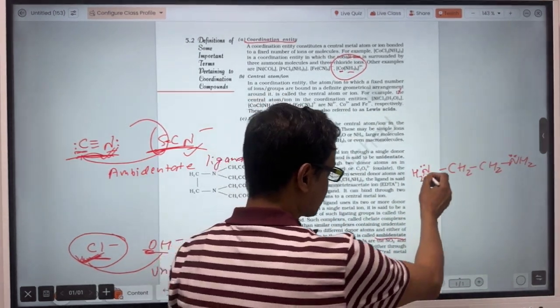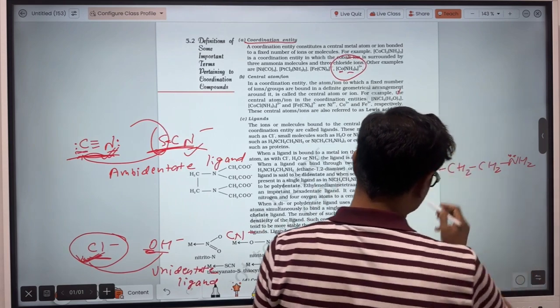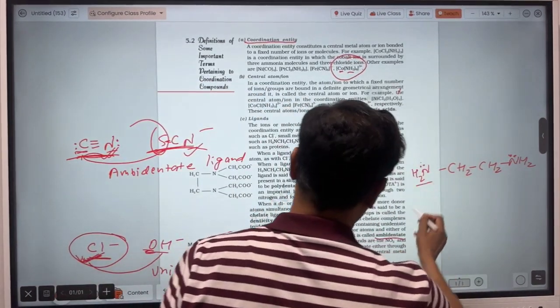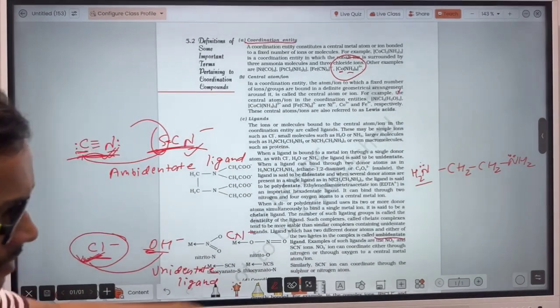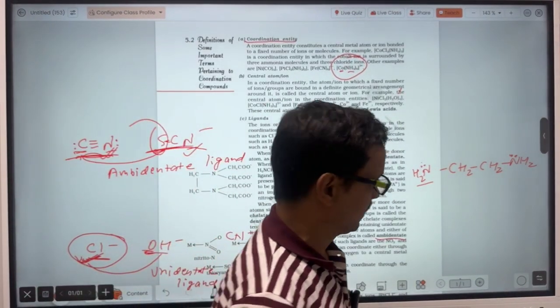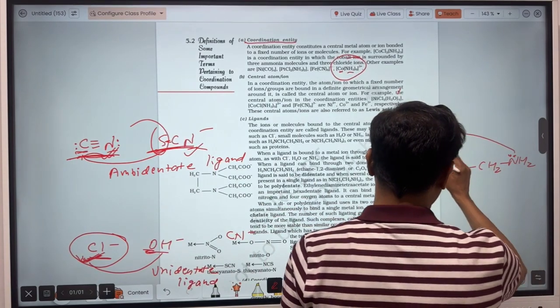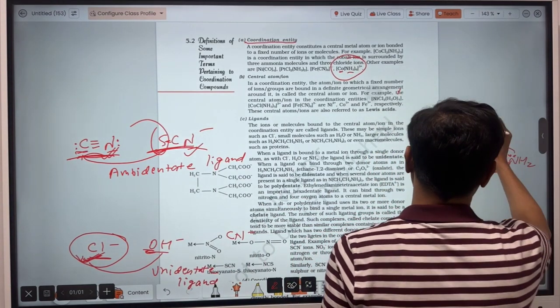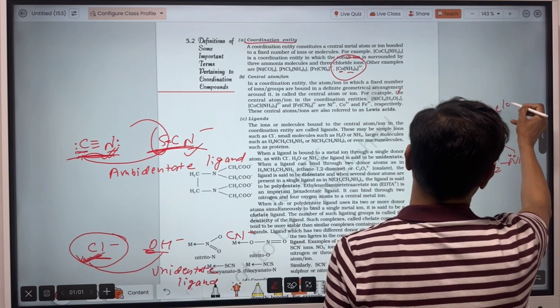So this nitrogen can donate the electron to the central atom, and that nitrogen can also donate the electron to the central atom. When both come here, there will be formation of a ring, and this ring is called a chelate ring.